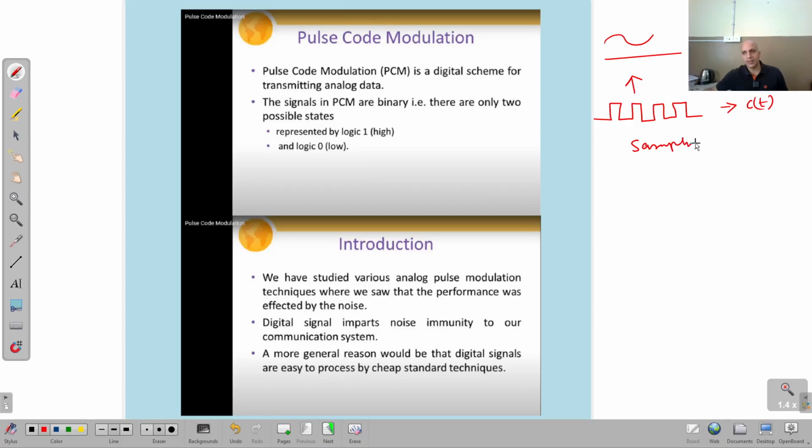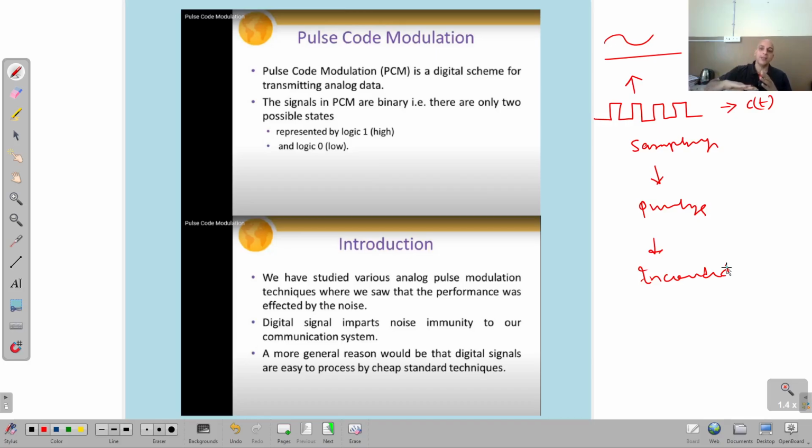We have already learned about sampling, the sampling theorem, Nyquist rate, all these things. So we will take the sample of this information, then these samples will be quantized, and finally they will be encoded in the form of binary numbers, and that will be the representation of the information in digital format, a digital signal.